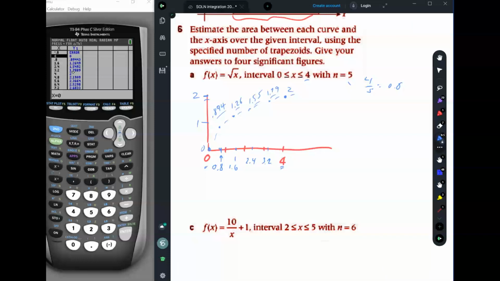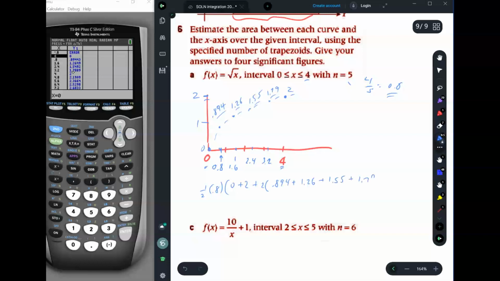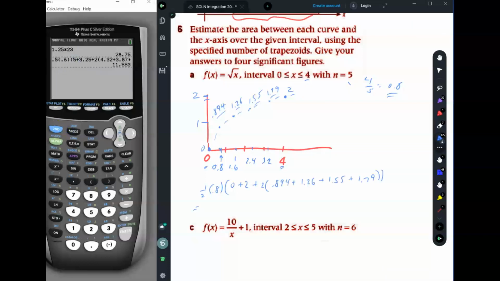So, what's the width again? The width is 0.8, so we'll have 1/2 times the width, 0.8, and then we'll have the left and right edge, which is 0 plus 2. And then we're going to multiply by 2 all the inside heights, which are 0.894, 1.26, 1.55, 1.79. Okay, and then we can just put that in the calculator and add them up.